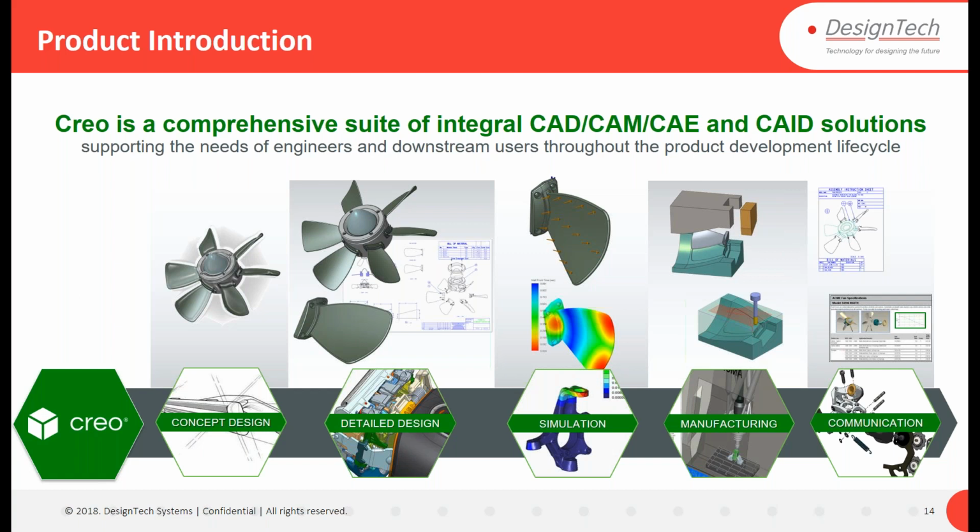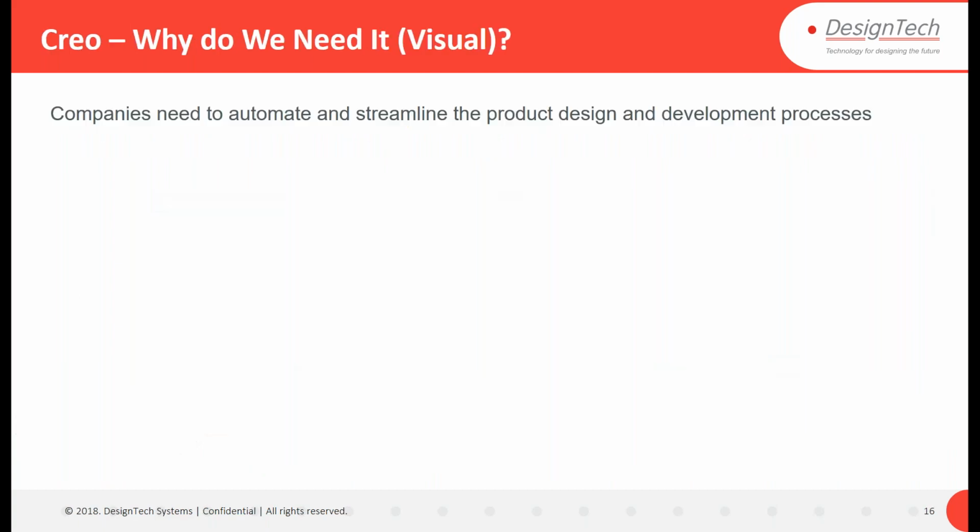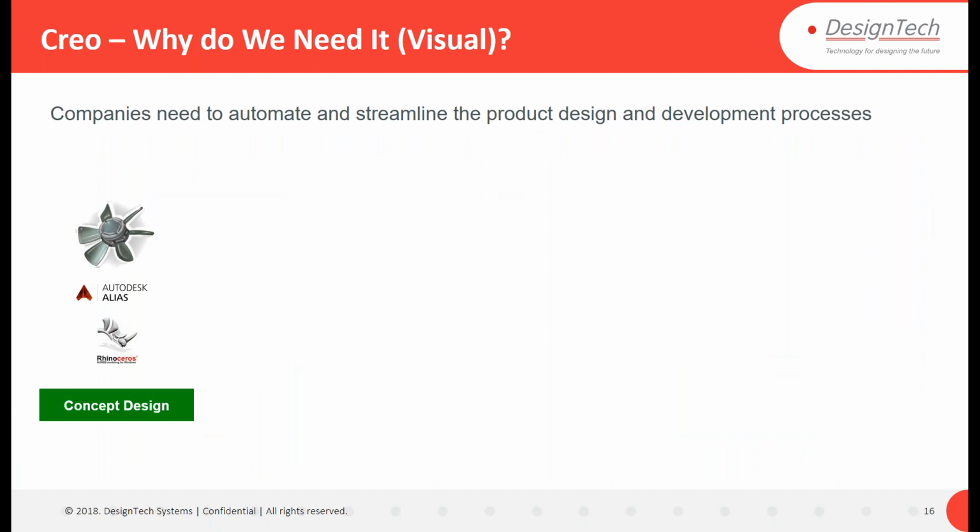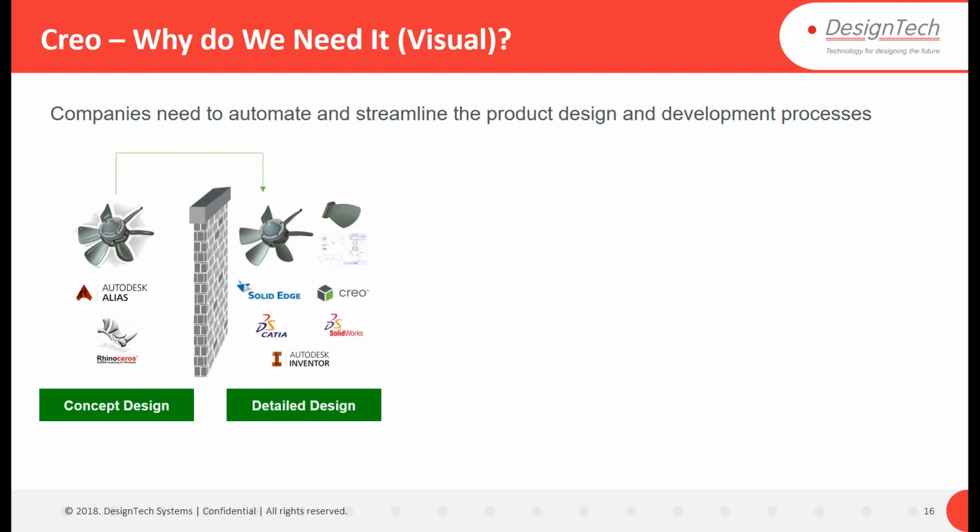But why is it important, when Creo has all these solutions, features, and capabilities? There are solutions for concept design as well. When you talk about Autodesk Alias or Rhinoceros, they are very good in concept design. For detailed design, there are many software like CATIA, SolidWorks, Inventor.